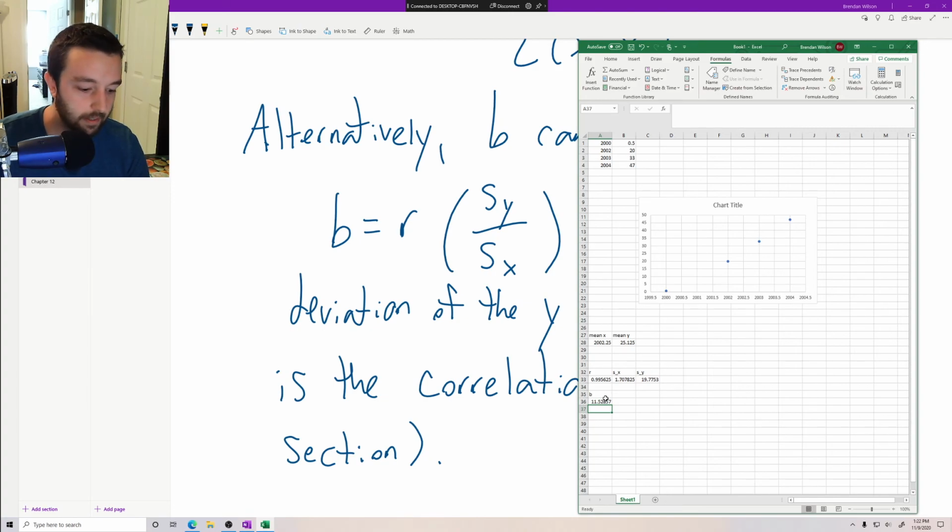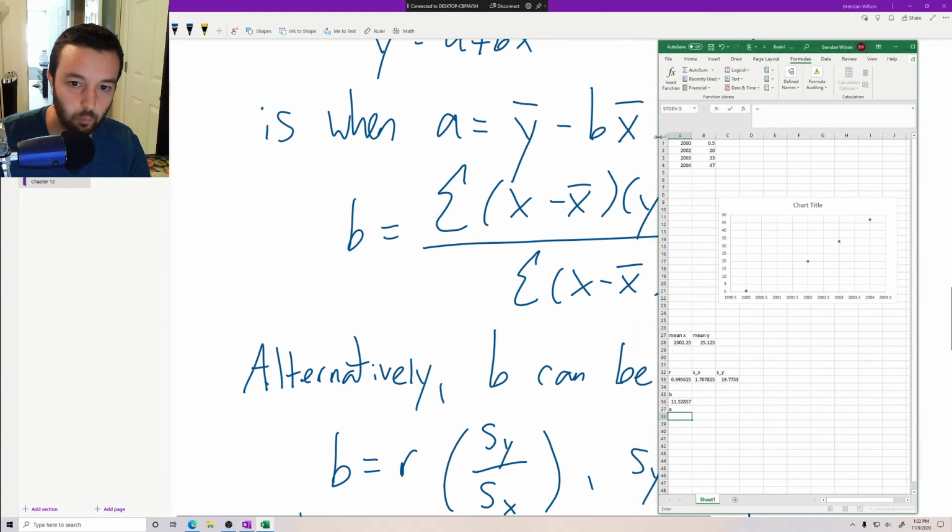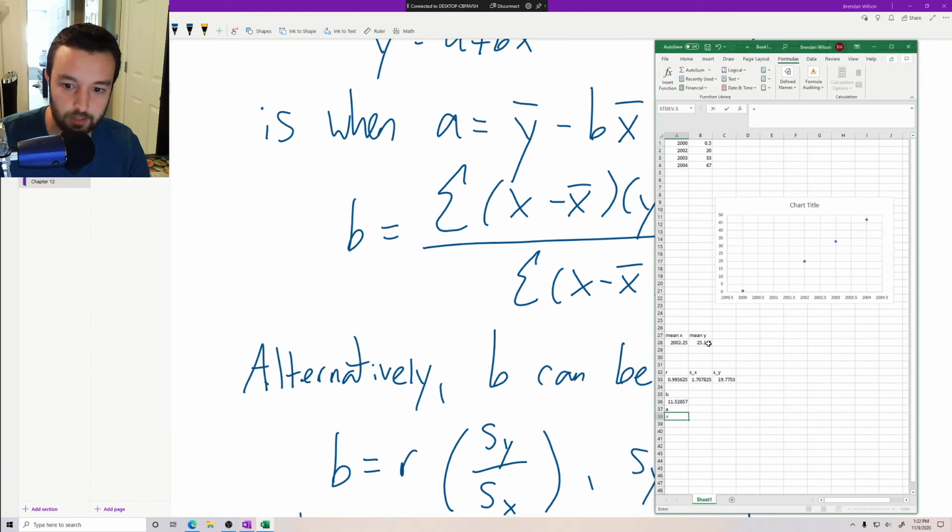So that's our B, and then A is equal to Y bar, which is B28, minus B, which is A36, times X bar, which is A28. Okay.